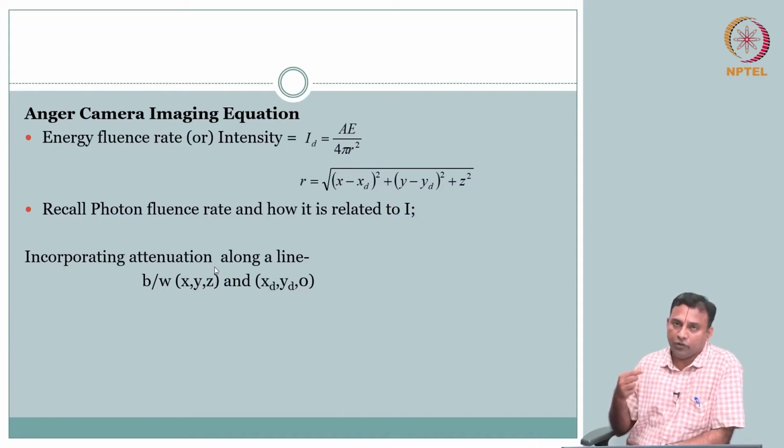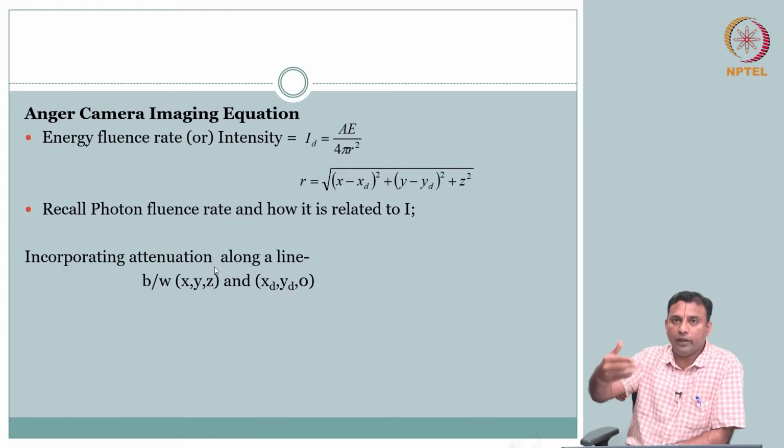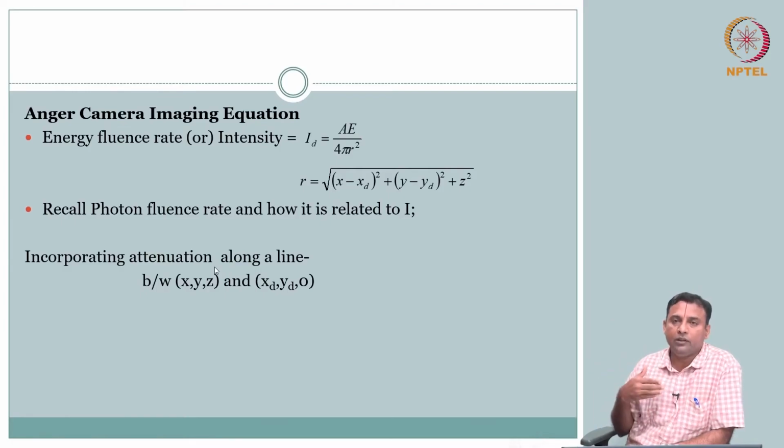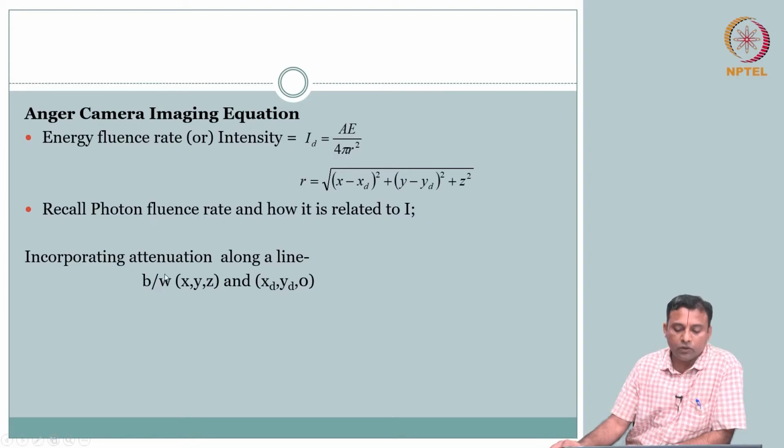Of course there is also medium before it hits the detector. So in general you can incorporate attenuation, as the radioactivity is getting attenuated between x, y, z and where it hits the detector, x_D at 0.